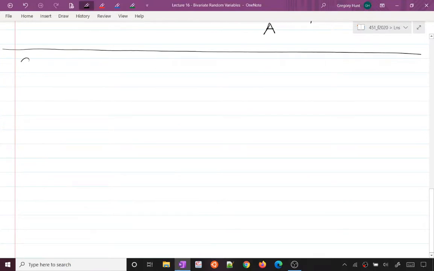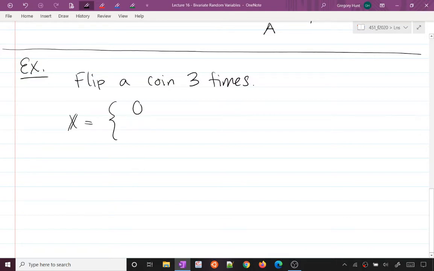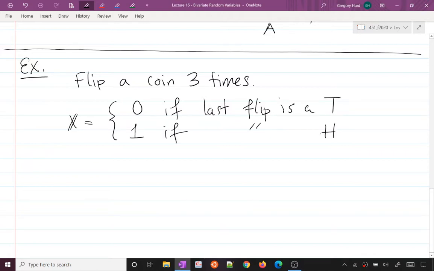So let's look at an example. Let's say I flip a coin 3 times. There are different random variables we could define for this. One random variable we could define is X, which takes on a 0 if the last flip, that's the third flip, is a tails, and takes on 1 if the last flip is a heads.